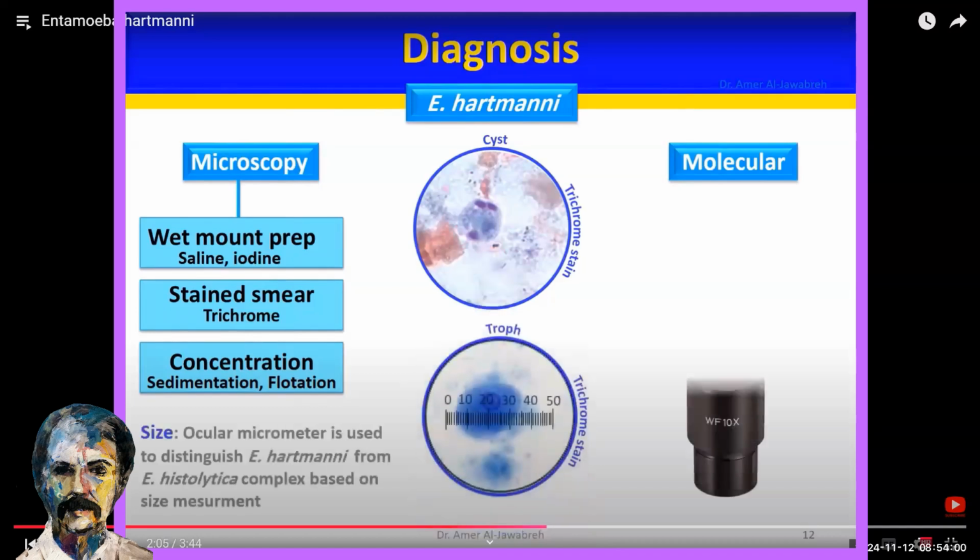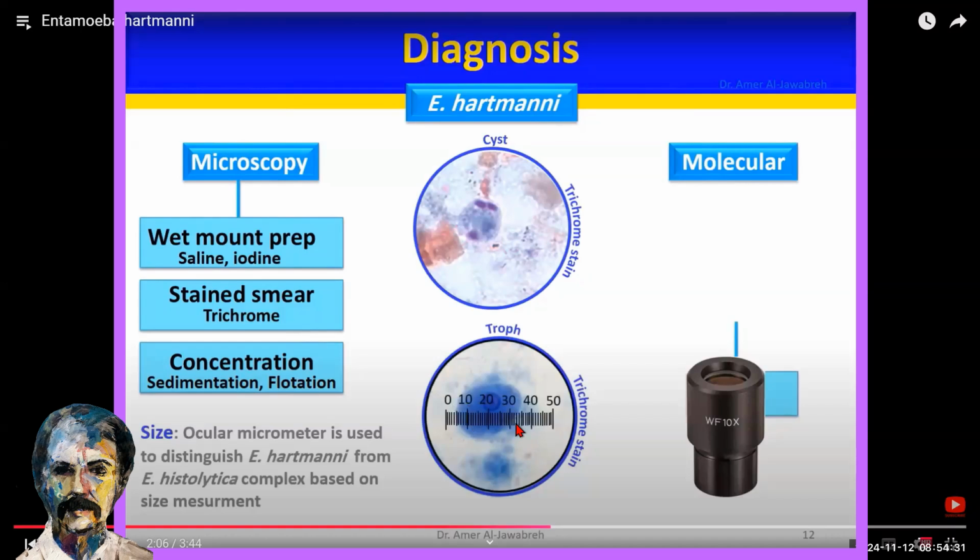Because this is small, sometimes they used what we call an ocular micrometer. So there is the ocular piece, the eyepiece, but it has a graduation like this. So you can put it here and then see the size. And depending on the size, you can tell if this is E. histolytica or hartmanni. But again, this is the technology of the past.